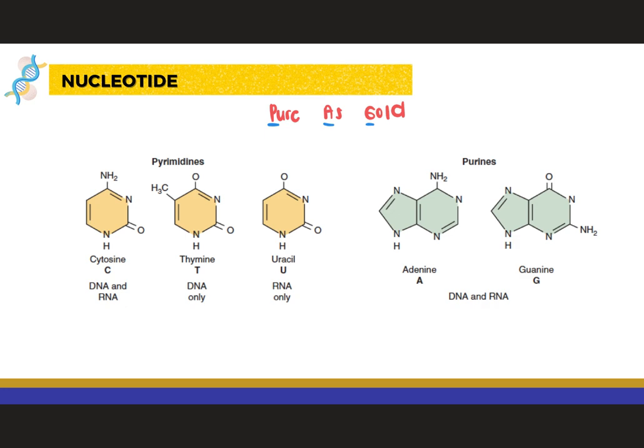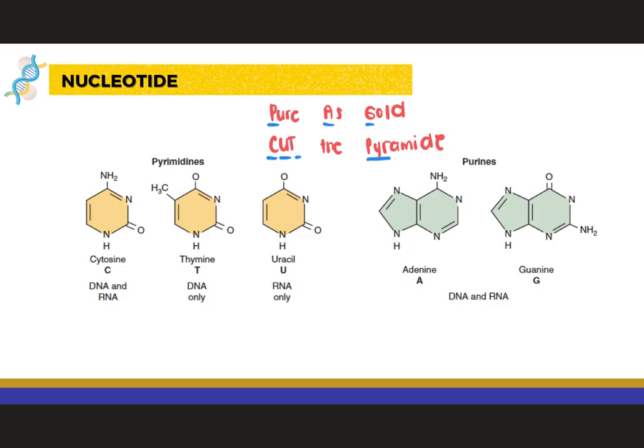And also, isa ko pang palatandaan is cut the pyramid. So, bakit cut the pyramid? CUT, cytosine, uracil, and thymine, pyramid, pyrimidines. Okay? Pure as gold and cut the pyramid.